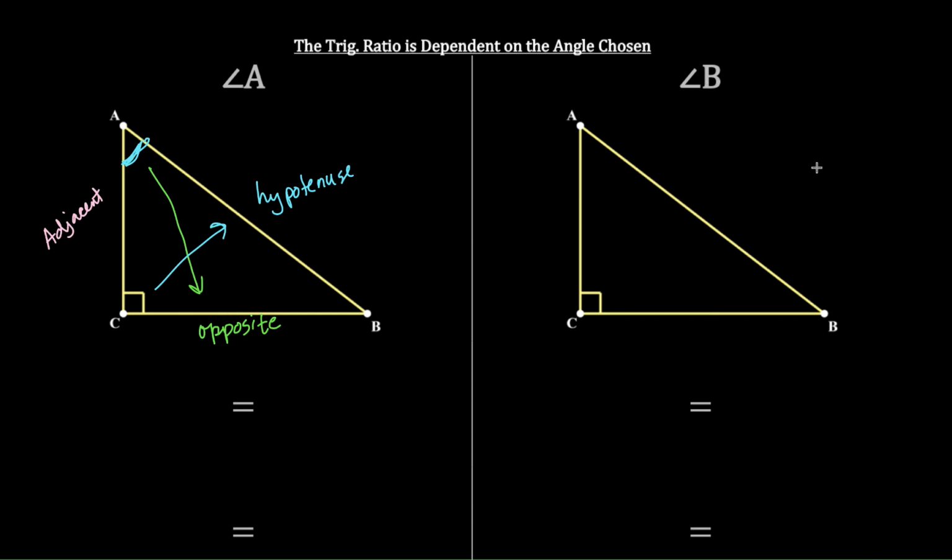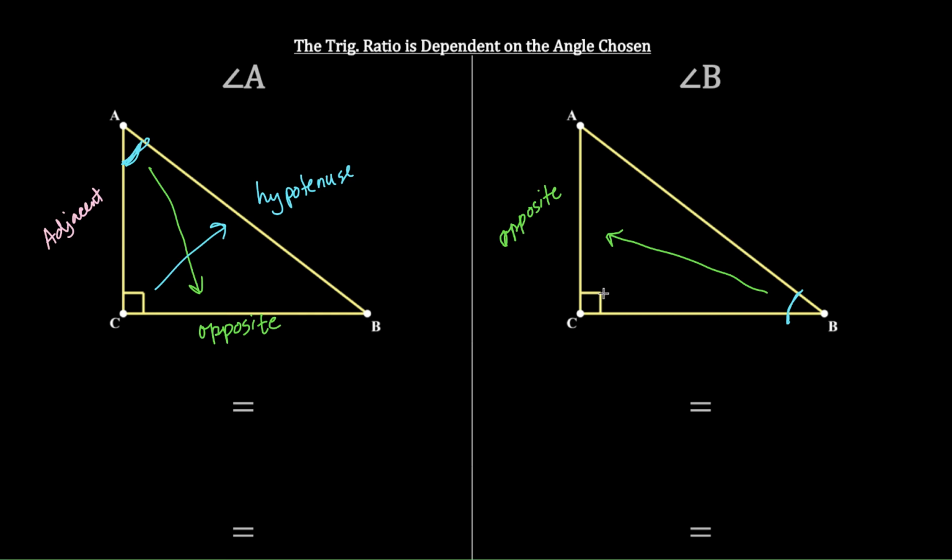But if we talk about angle B, we know that this side length is the opposite of it. This side right here is opposite of this angle.